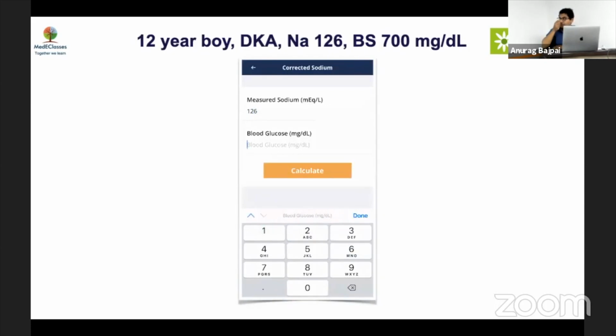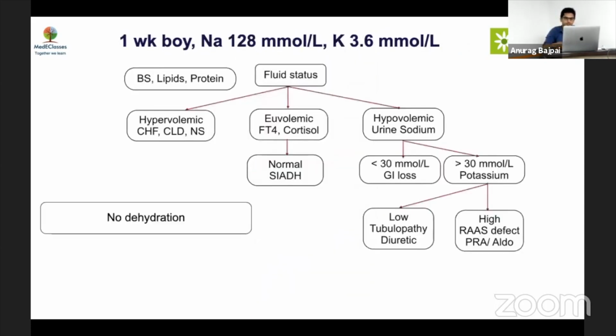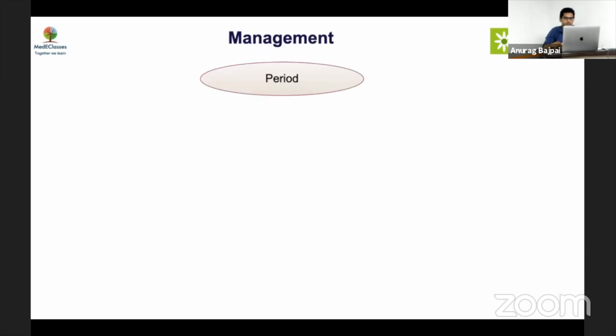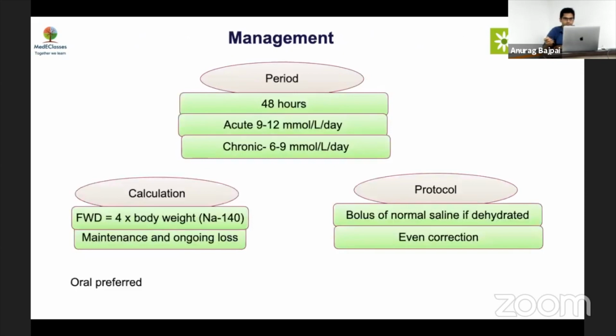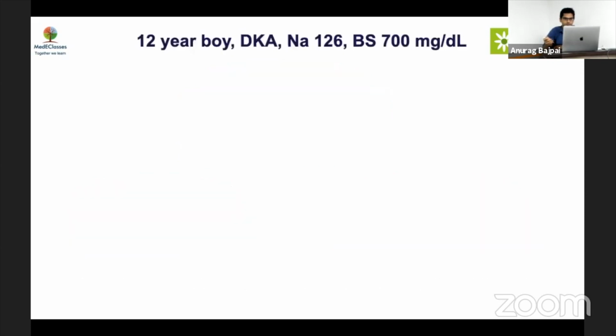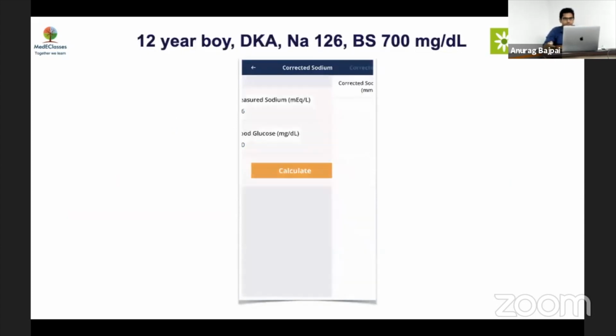As the app shows, if we enter the blood sodium and the blood glucose, it will give us the corrected sodium, which is shown over here. So it is 135.6. So this is a normal sodium. It is a pseudohyponatremia which we are discussing.